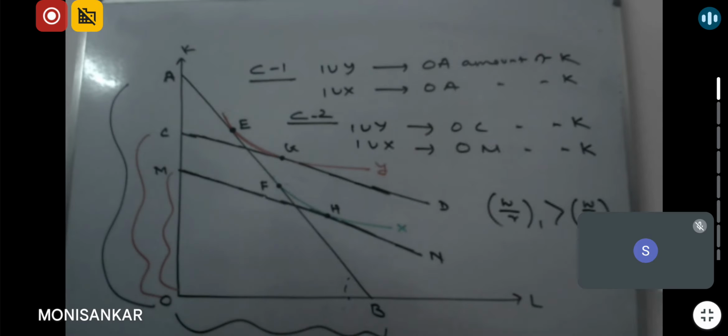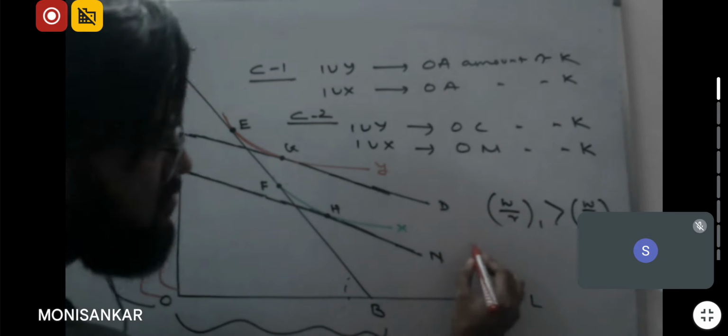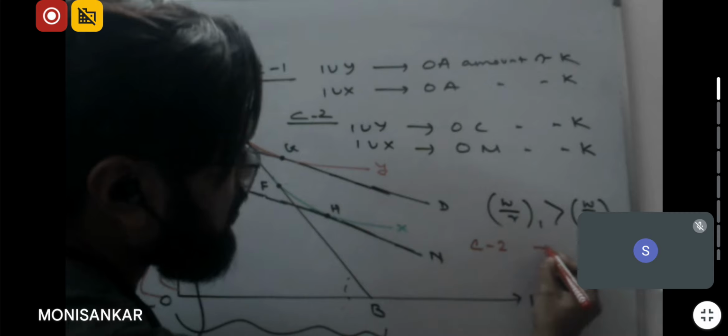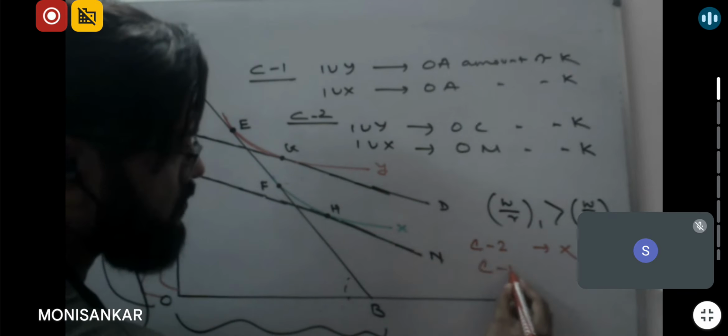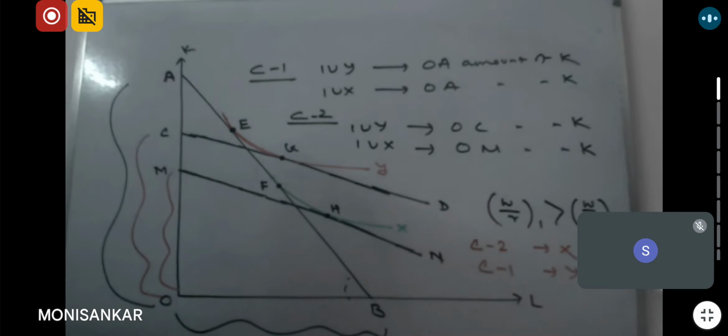Y is relatively expensive in country 2. It's more costly in country 2. And commodity X is relatively cheaper in country 2. So it is clear that country 2 will specialize on X, and similarly country 1 will specialize on Y.